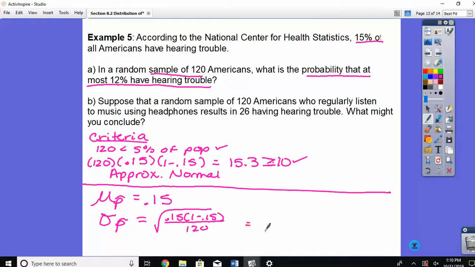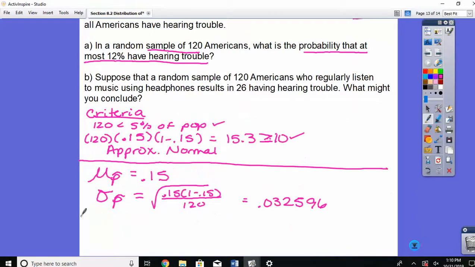And so I get a standard deviation of 0.0325596. So now, this was all just the legwork, so I can actually do part A.